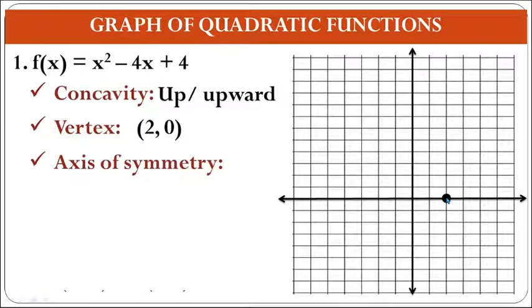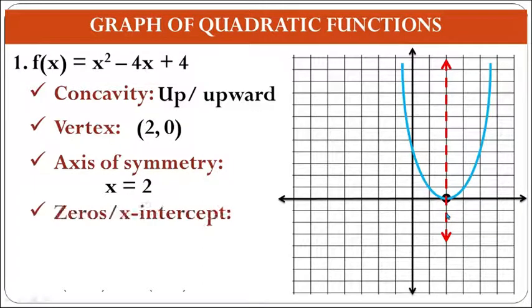Ito yung ating vertex, and make a graph, yung parabola, ito. Then yung axis of symmetry natin is ito, nagha-half sa ating parabola. So axis of symmetry ay nakay 2. Positive 2 yung ating axis of symmetry.